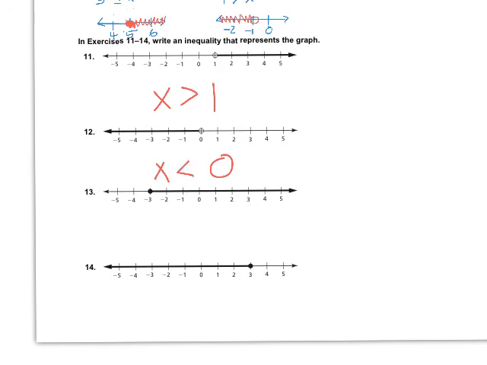Smaller. And again, it's not equal to, so that's done. X and -3. I'm shading bigger than -3, and it's a closed dot, so I need to be equal to. So x is greater than or equal to -3. And then I have x and 3. I'm shading smaller than 3, so x is smaller, and again equal to because it's the solid dot. Any questions there? Y'all good?